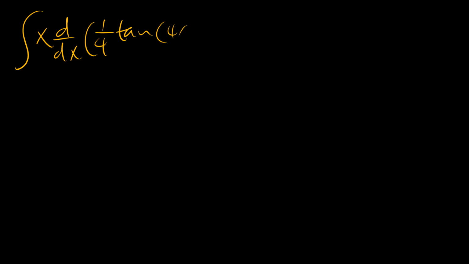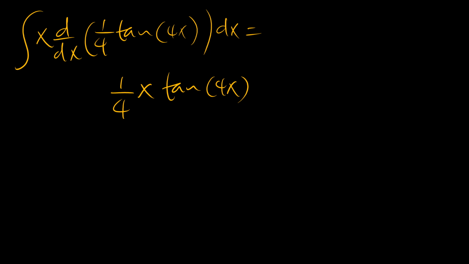So our problem, x times the derivative of a quarter tangent 4x, is going to be equal to a quarter tangent 4x, that is the product of u and v, u being a quarter tangent 4x and v being x, minus the product of the derivative of v, which is the derivative of x, is going to be 1, times u, which is just a quarter tangent 4x.